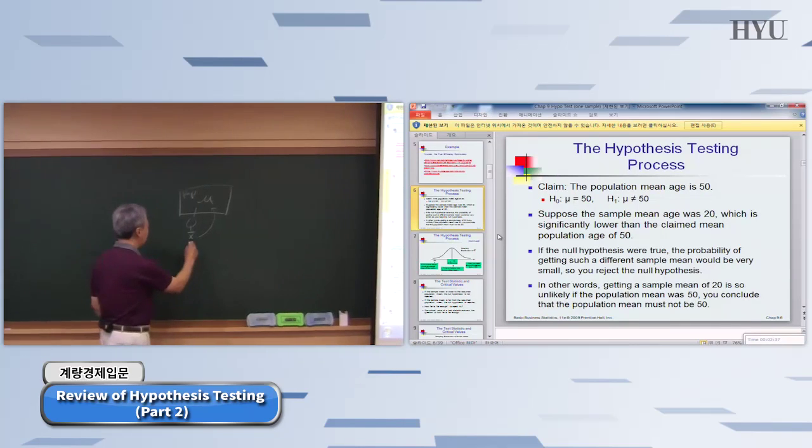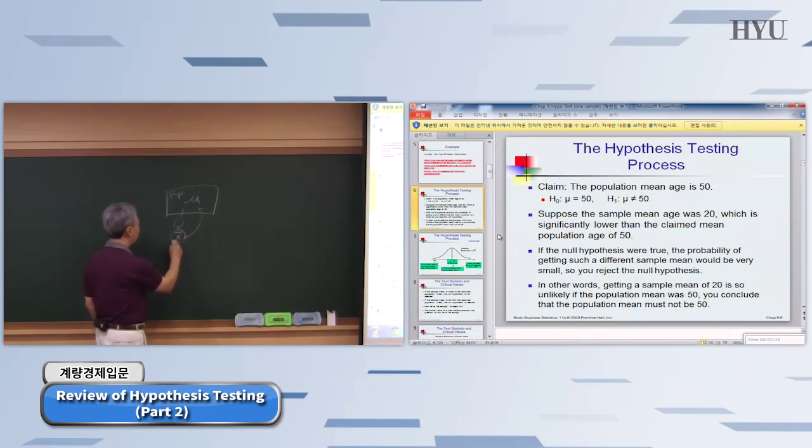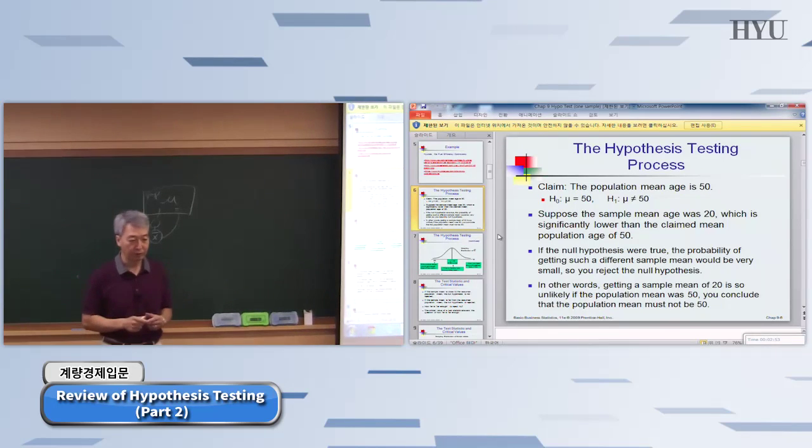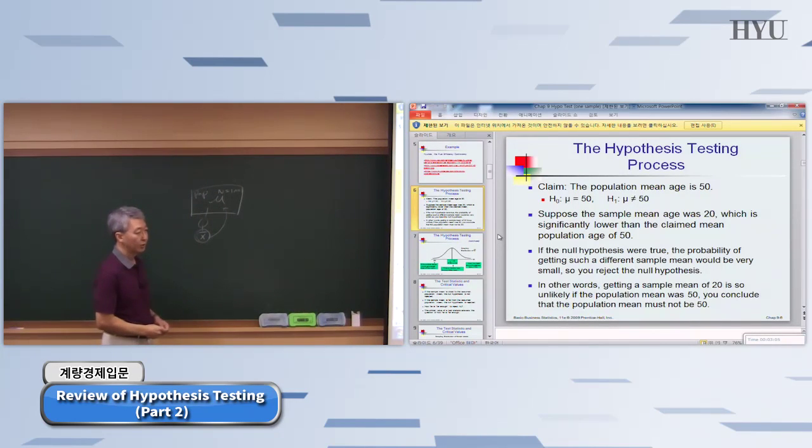Well, what we need to do here is think about some distribution of sample means or sample statistic. Because we are taking a very small portion of the entire population, okay? So depending on how you select the sample, suppose the population size is, say, 1 million. You have 1 million observations in the population, right?